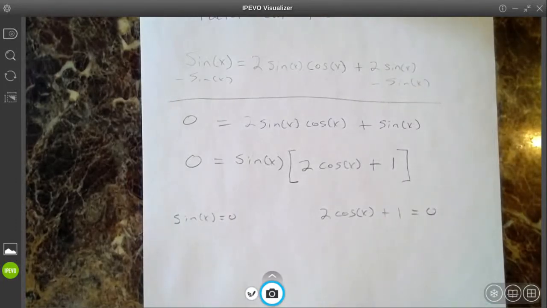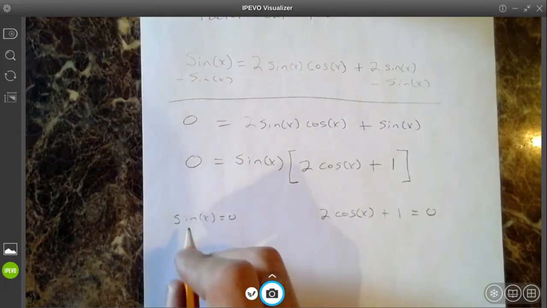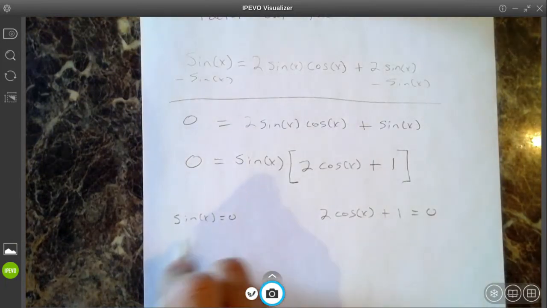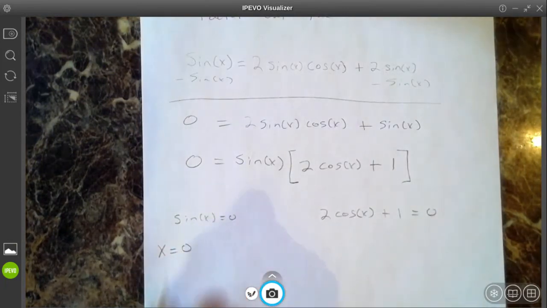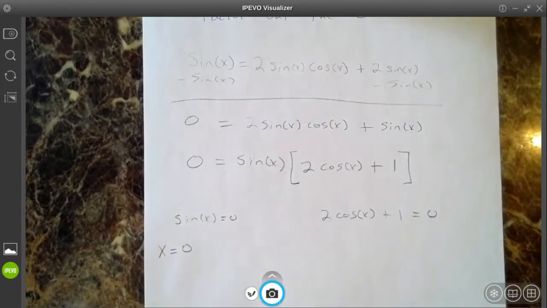Okay. So for sine of x to equal 0, you can pull out that little spider web chart if you happen to have it. I don't have mine laying around. But the only place that happens is whenever x is equal to 0. Wait, no, it's not.